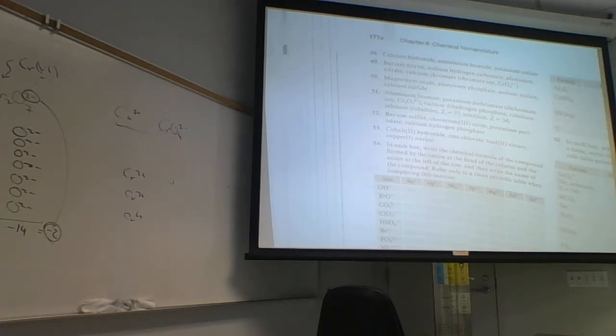It's bromate. So bromide must be -1 in charge. Yeah. So that's bromide. Aluminum bromide. We have aluminum, which is 3+. So we'll need 3 bromides to take care of that. So this will just be AlBr3. Aluminum bromide.